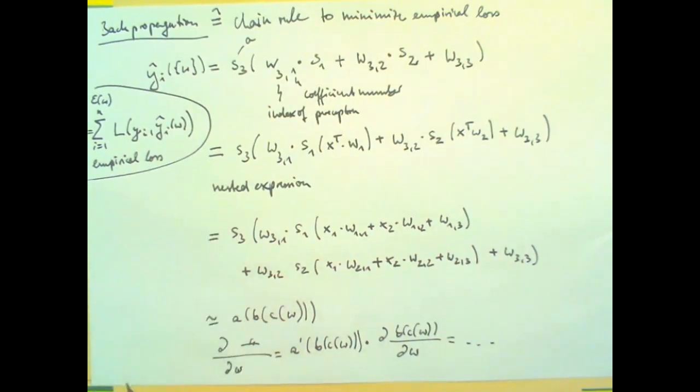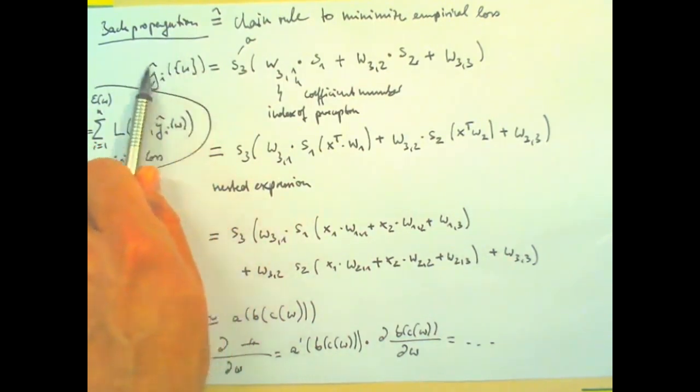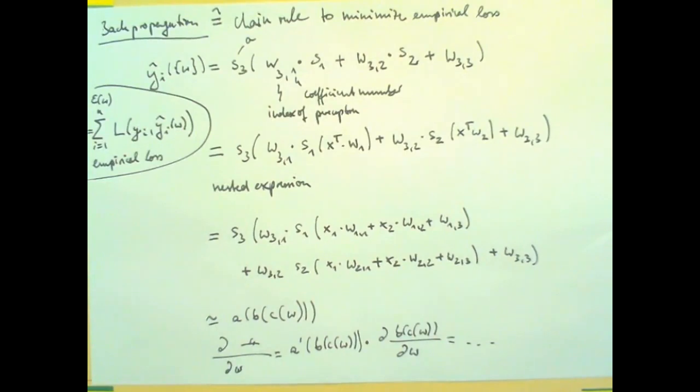What I wrote here was exactly the output of the last neuron for a single sample. So if I use the hinge loss function, then this is essentially it.